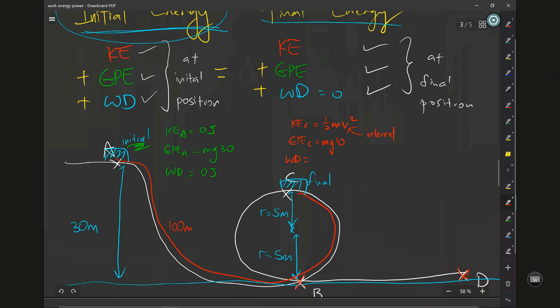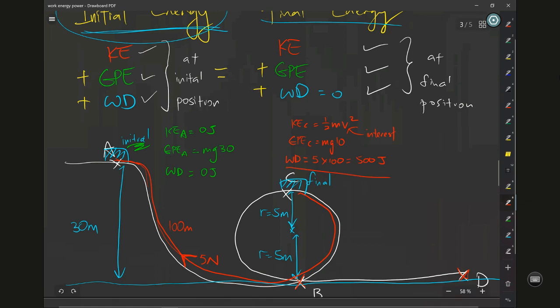Let's say there's a constant frictional force acting against the motion, so I'm going to draw my arrow in this direction, and let's say the frictional force is very low, maybe just 5 newtons. The work done against friction will be 5 times 100, which is 500 joules. Since no one is pushing the cart or the roller coaster forward, there is only one work done, and that's the work done against friction.